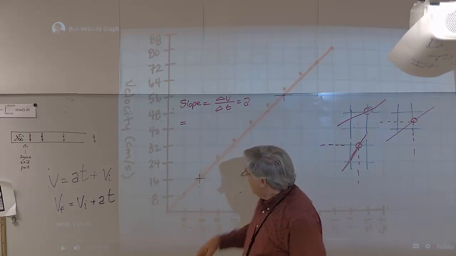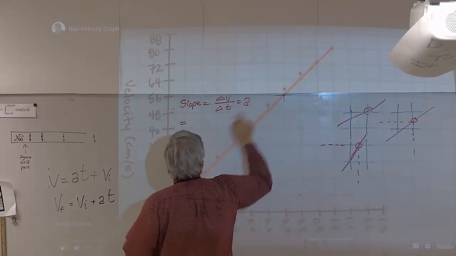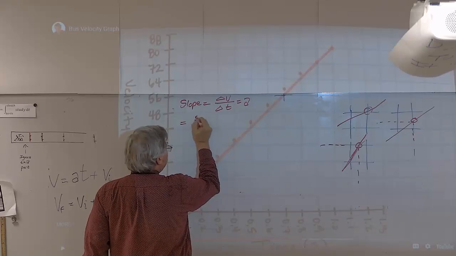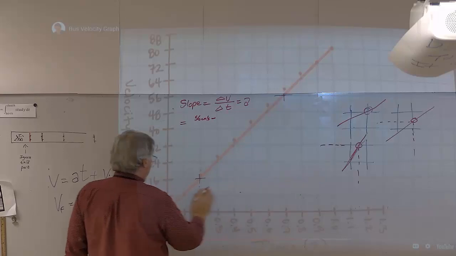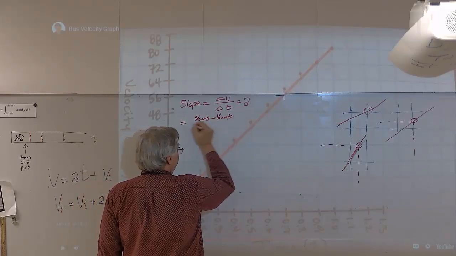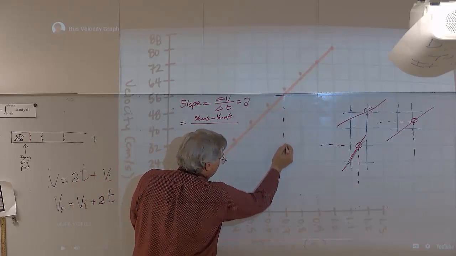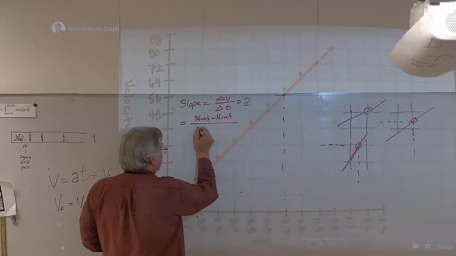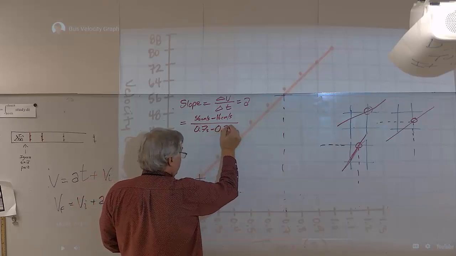So with this numbering system here, if I go over here, my rise, that's 56 centimeters per second minus, right here is 16 centimeters per second, divided by, so my run is down to here, and down to here, so that's 0.7 seconds minus 0.2 seconds.